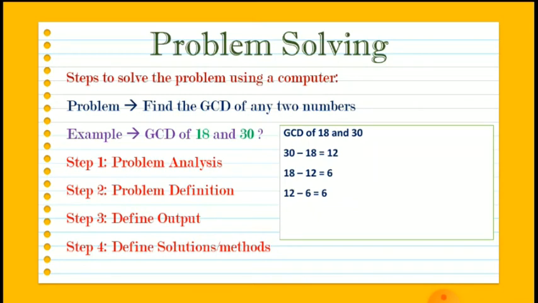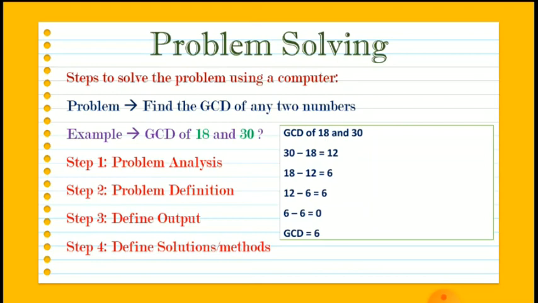So now take the previous answer, that is 6, and the smallest number from 12 and 6. So your two new numbers are 6 and 6. So subtract 6 from 6. The answer is 0. So when the answer comes 0, whichever is the previous number, that will be your GCD. So in this example, 6 is your GCD.